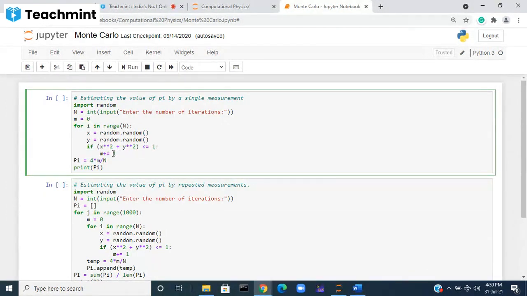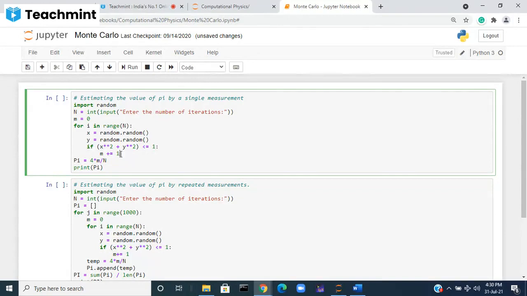Therefore, we increment m by 1. If this condition is satisfied, the point lies inside the circle, we increment m by 1. Otherwise, we do nothing.